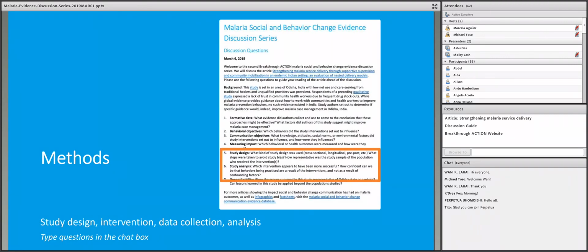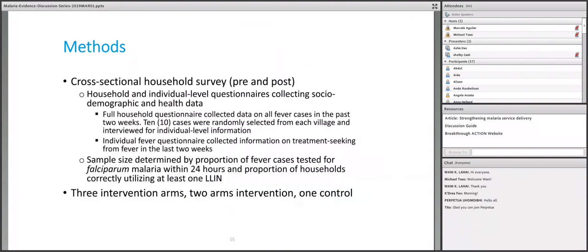Now, in this section, we deal with the discussion questions 5, 6, and 7, where we talk about the study design, analysis, and generalizability. As I have already spoken a little bit, this study was designed as a cluster randomized control trial where the villages were clusters, and the trial had 3 arms.